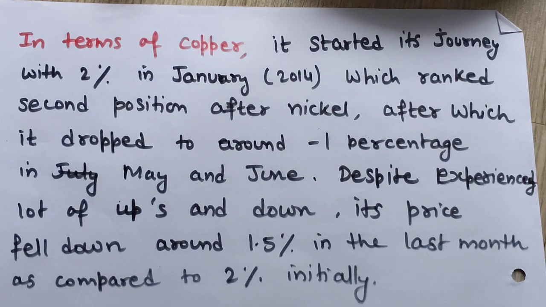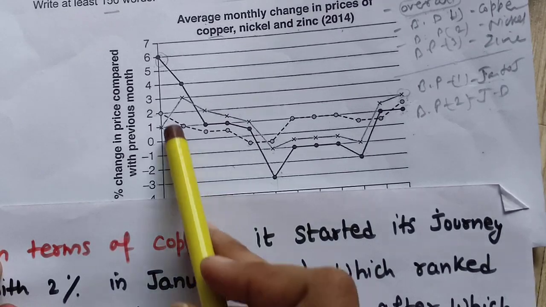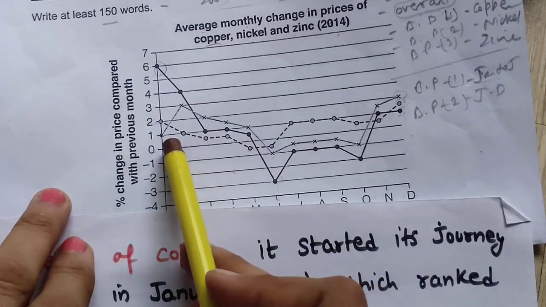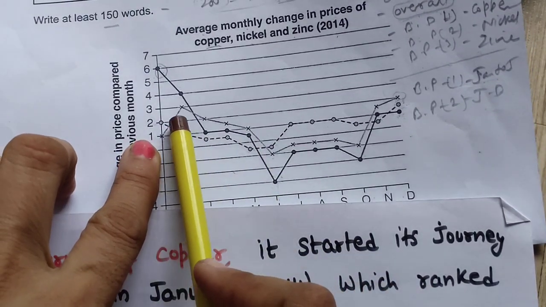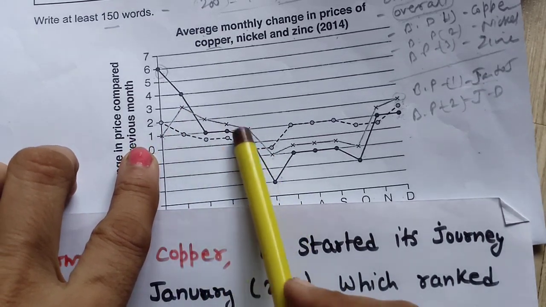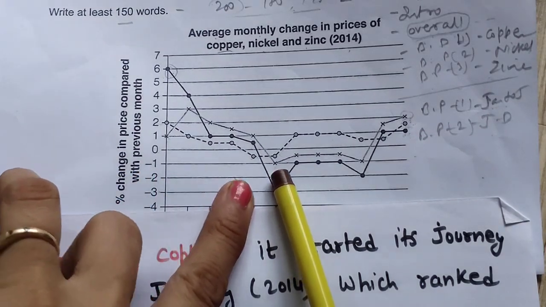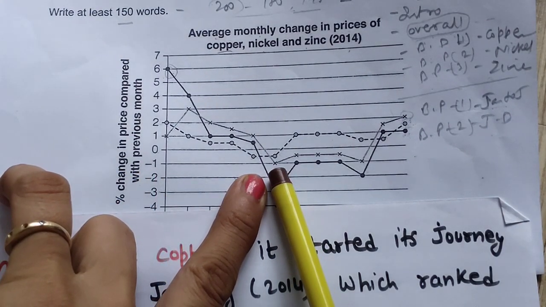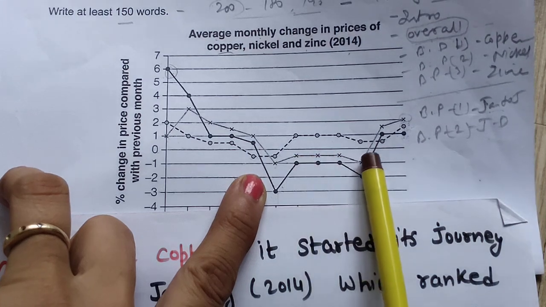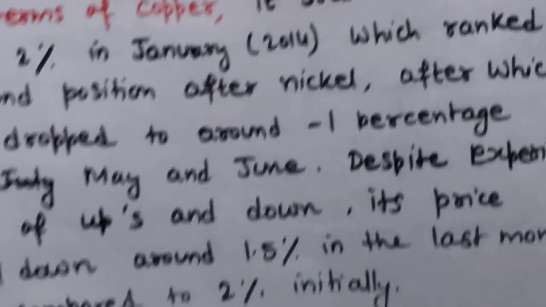Coming to third one. Now looking at the last category, that is zinc. It started with 1% and it reached 3%, and after experiencing a lot of fluctuations, it also reached minus percentage also, and steadily it improved up to 2%. So how I have written, you can see this.